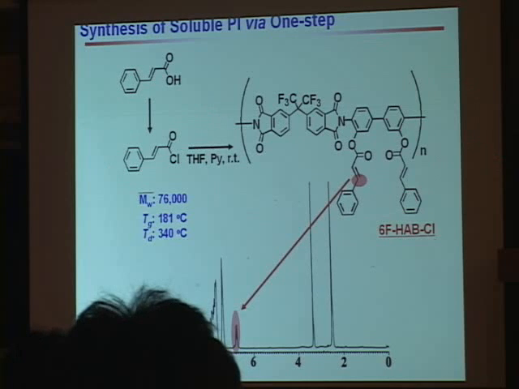After synthesizing the photoreactive polyimide, the degradation temperature is 340 degrees C, and the glass transition is 181 degrees C. It means that after introducing the cinnamate side group, this polymer has the highest thermal stability.